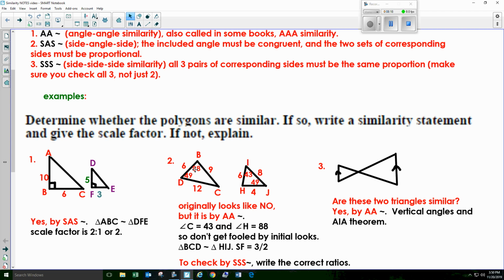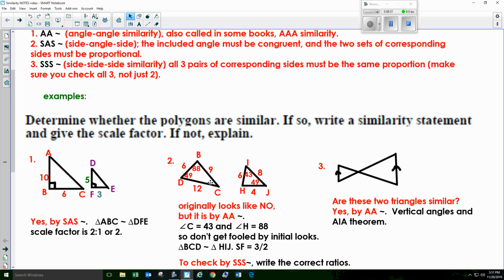Number 2. Originally, I was going to have just these 2 angles here and not the side lengths for you to check as well. So first, let's pretend as if these side lengths aren't here. We just have these 2 angles and these 2 angles. Well, if I originally look at these 2, I see a 49 and 49, but these are different. So you might be thinking, oh, automatically not similar. Well, you would have got nailed, because you need to find out the third angle.